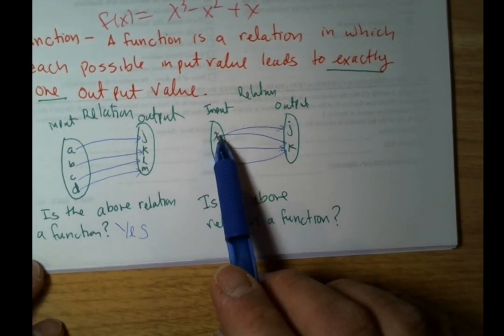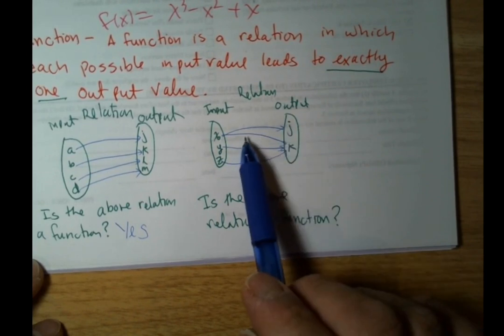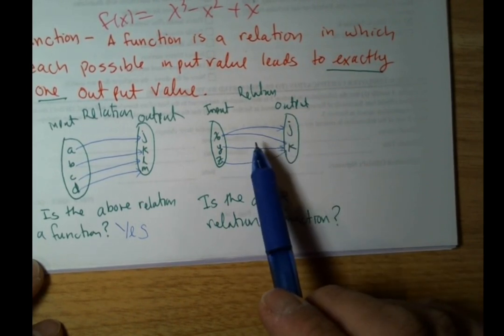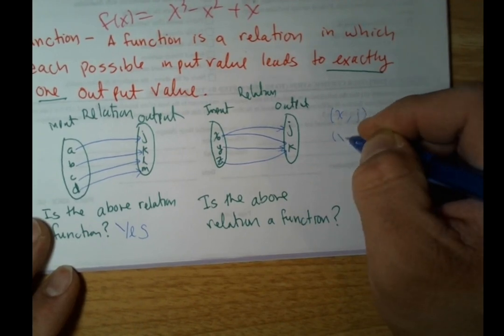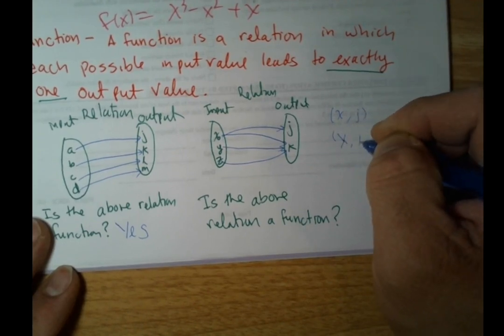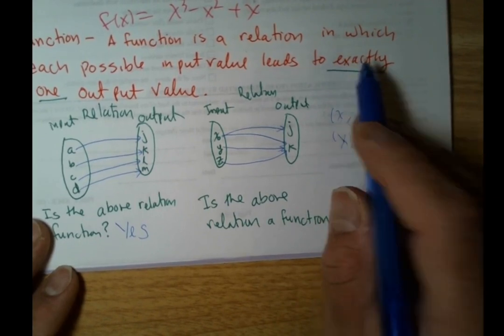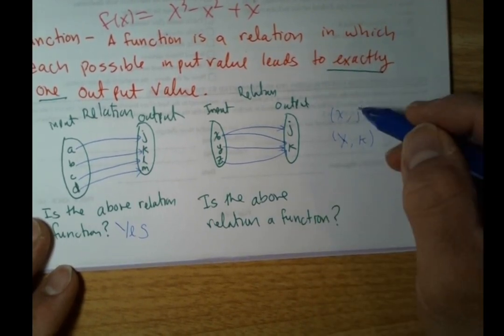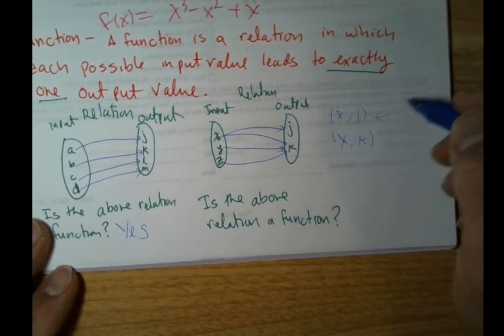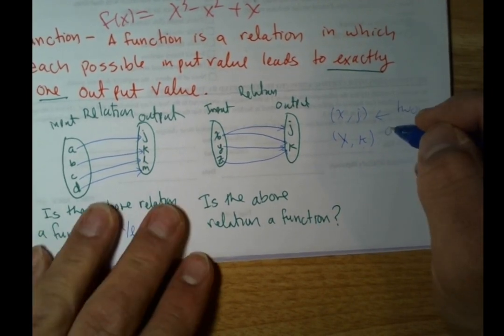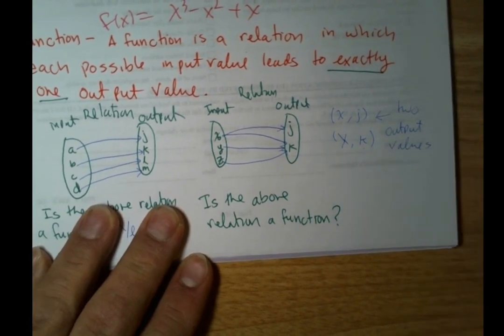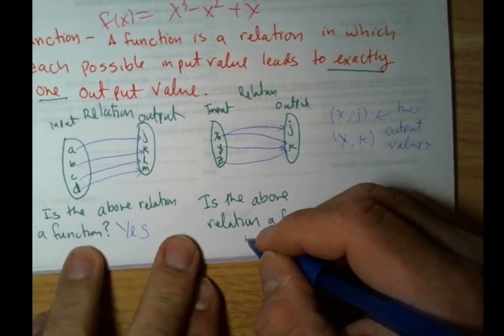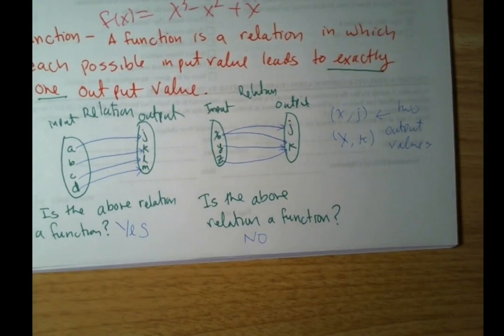If I look at our first input, x, it leads to two output values, j and k. So here we have two ordered pairs, xj and xk. This violates the definition. We have two output values, which contradicts what we stated a function is. So that is enough to say no.